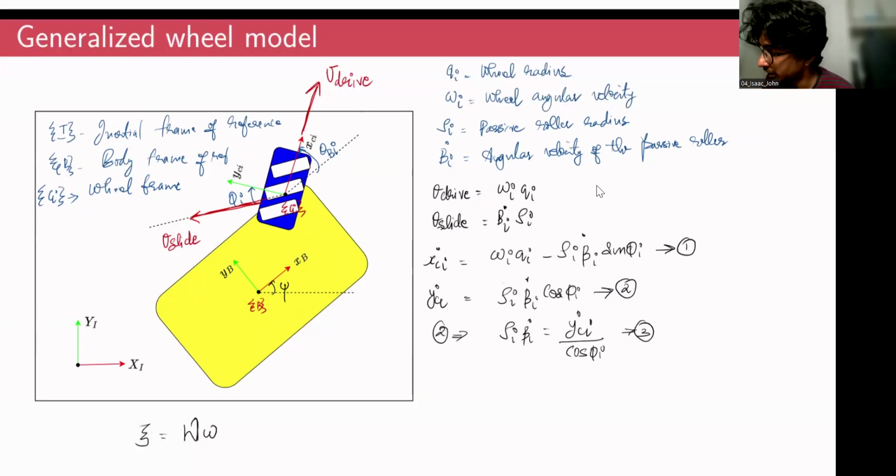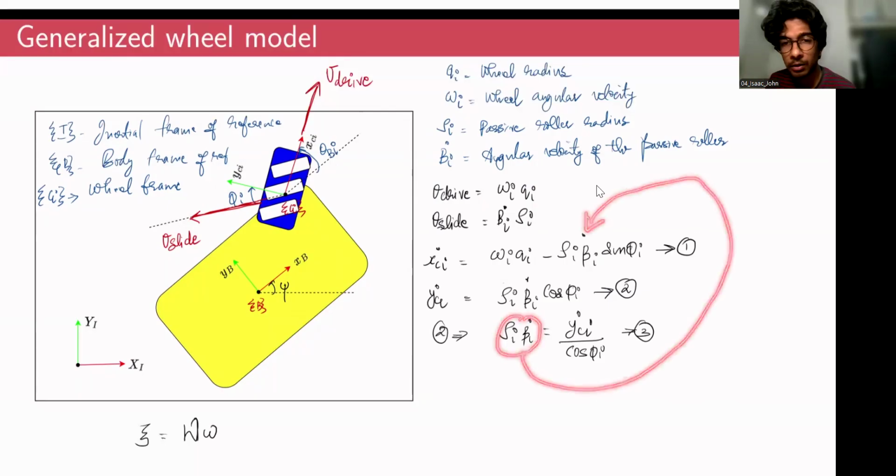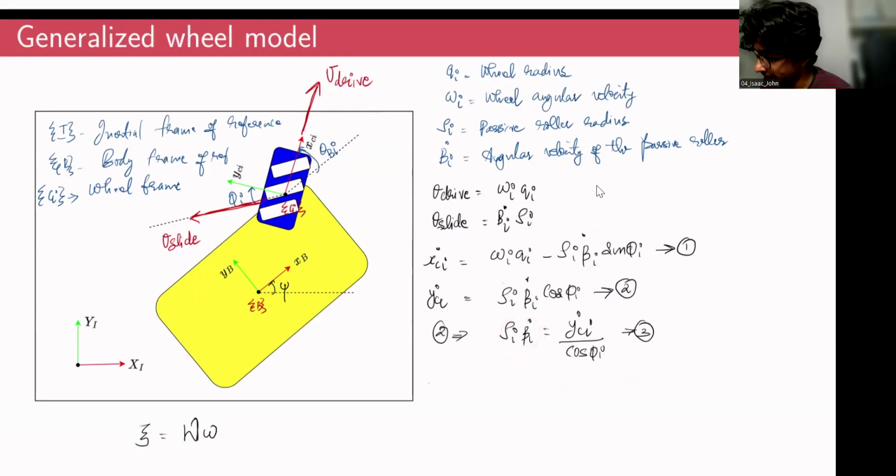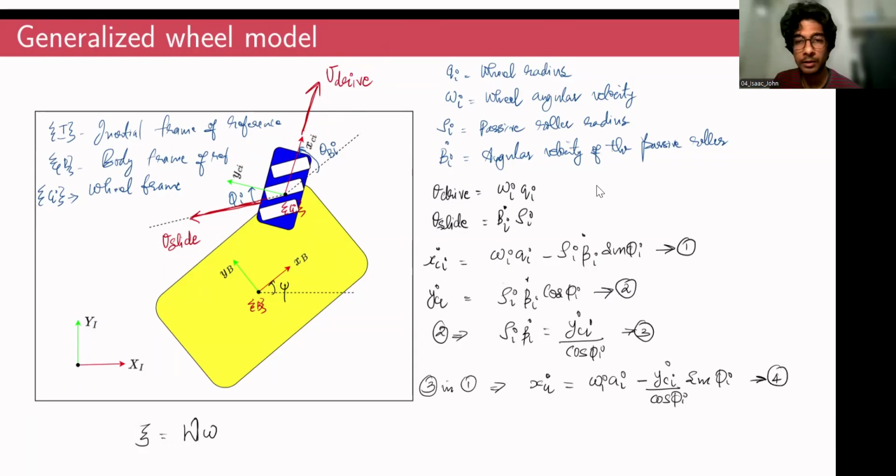And if I substitute rho I beta I dot from equation 3 into equation 1, you can write XCI dot as omega I A I minus YCI dot by cos phi I, times sine phi I. I'll write this as equation 4. I hope I'm clear so far.